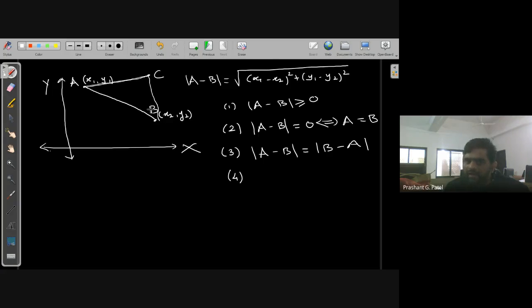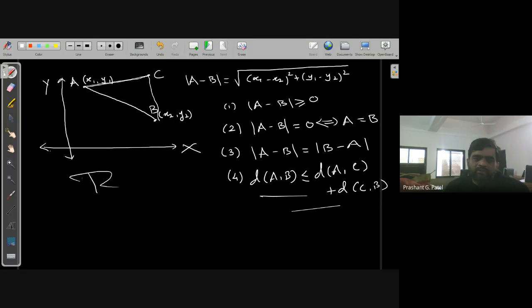So the distance between A and B is less than or equal to the distance between A and C plus C and B. That is the triangle inequality in R2.